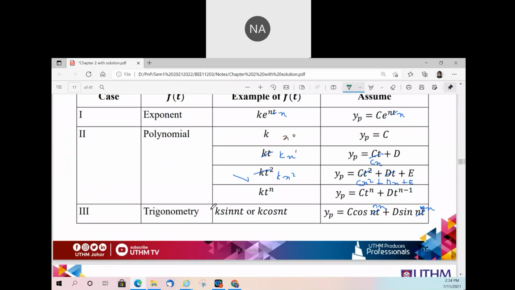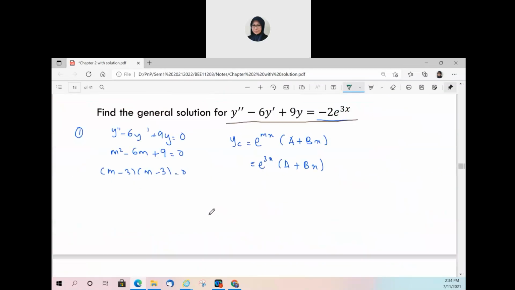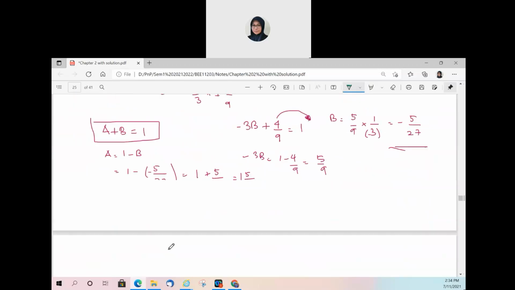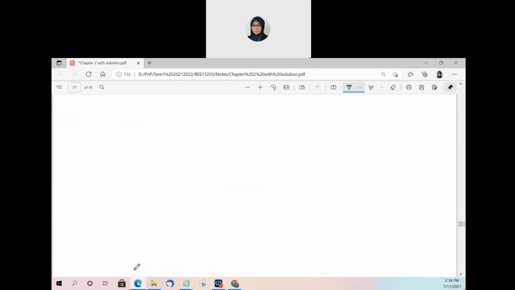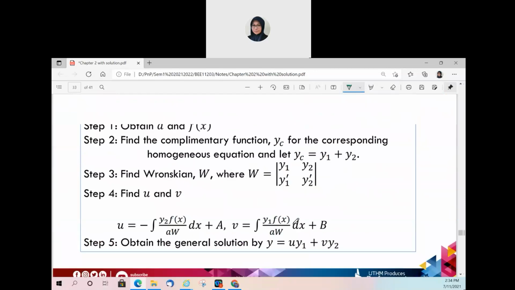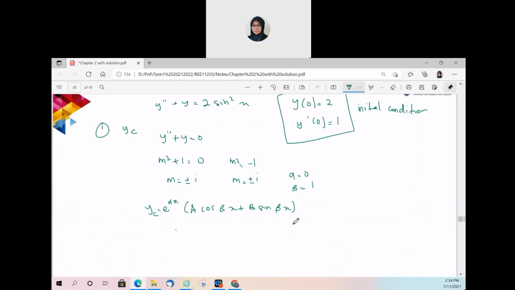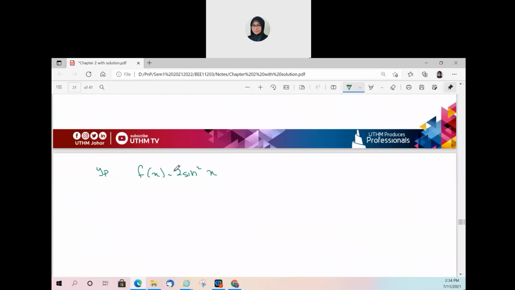Jadi you kena gunakan semua knowledge in trigonometry. You have to modify this equation. So sine square x, macam mana?